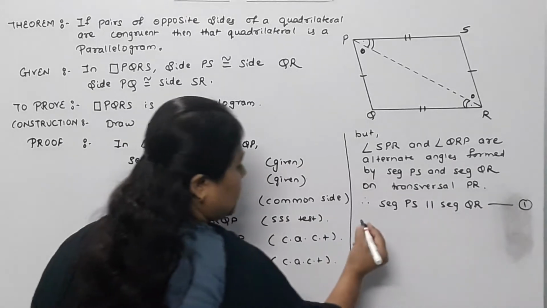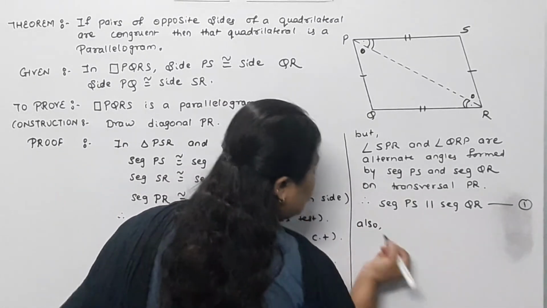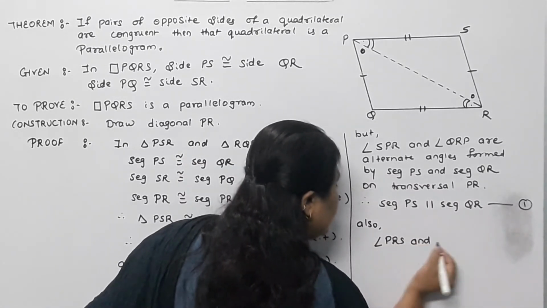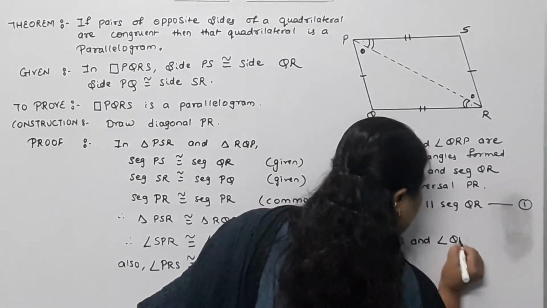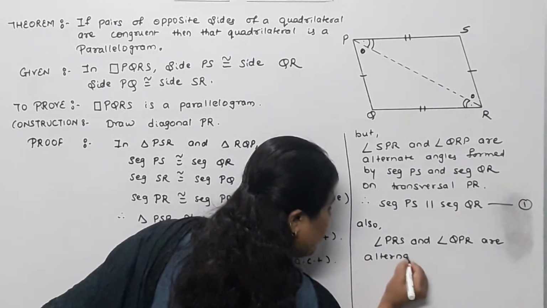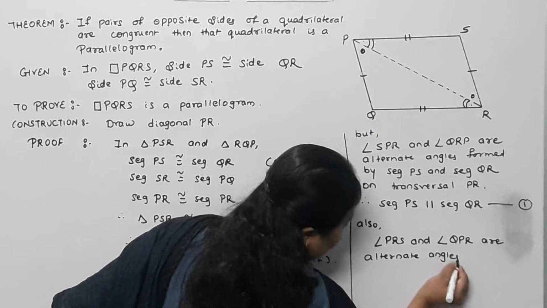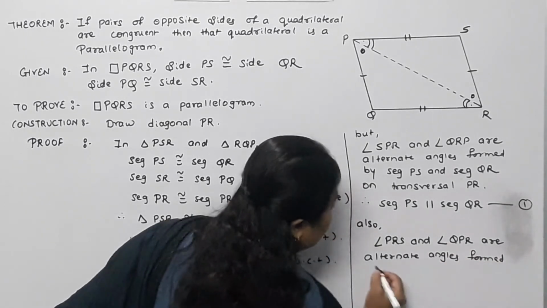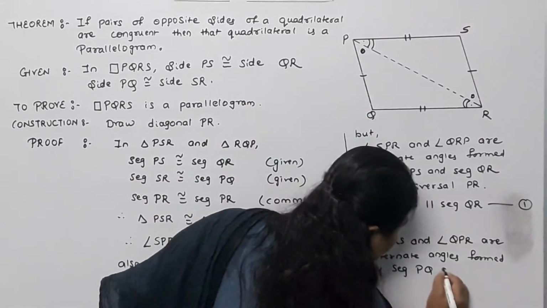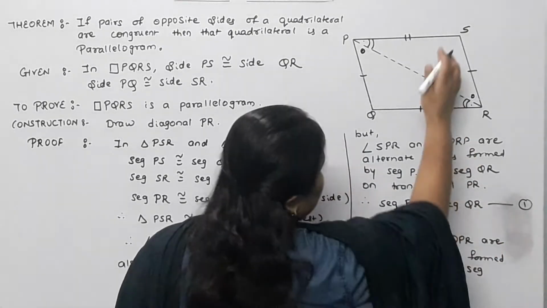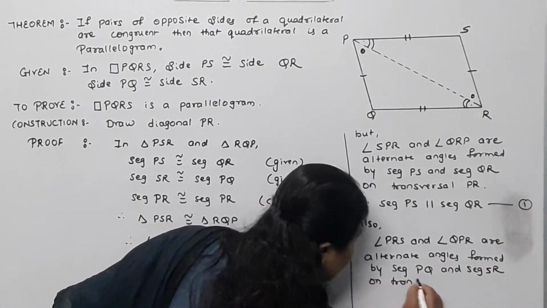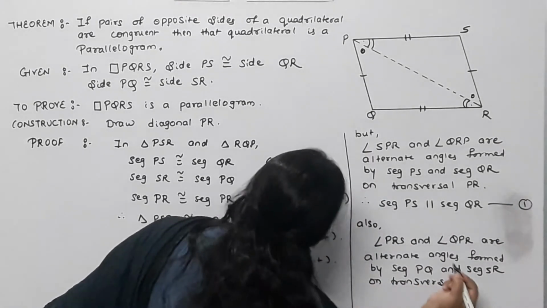Okay. Then also, angle PRS and angle QPR are alternate angles formed by seg PQ and seg SR on transversal PR.